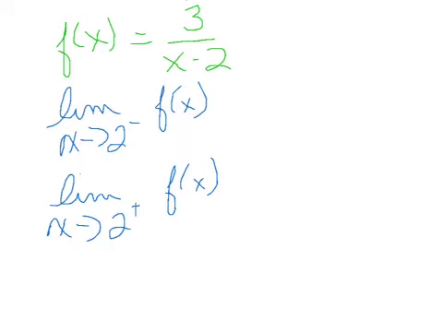Okay, x cannot be equal to 2. What would you expect to happen to the graph when x is 2? An asymptote, not a hole, an asymptote. So this looks like a variation of y equals 1 over x, which would look like this.